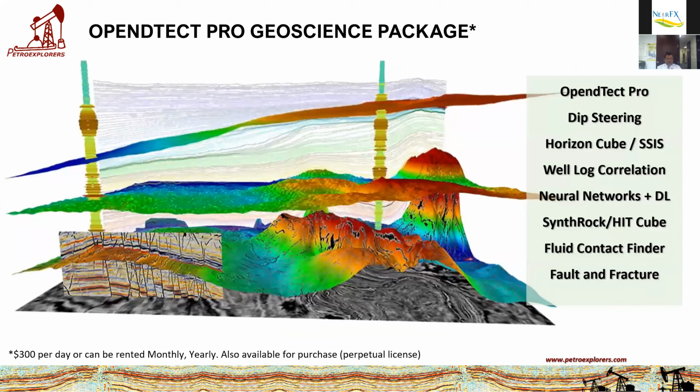I just wanted to introduce one more thing: the OpenDetect Pro Geoscience package, which is quite discounted for all the plugins. If you really want to go through the workflow, it is beneficial to have a complete system, which contains the Horizon Cube and all the dGB plugins bundled together: neural networks, deep learning, dip steering, fault and fracture.